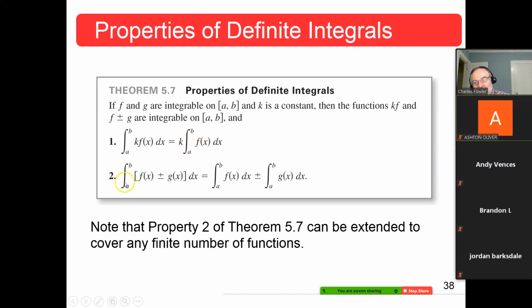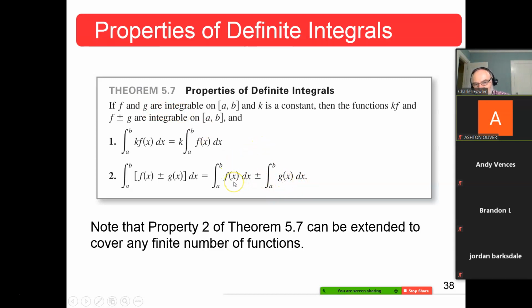Also, the integral from a to b of f of x plus g of x, or f of x minus g of x, doesn't matter, is the integral from a to b of f of x, which we know is integrable, and then you put the signs the same way, plus or minus the integral of g of x dx, and we know that's integrable because they told us it was, from a to b.